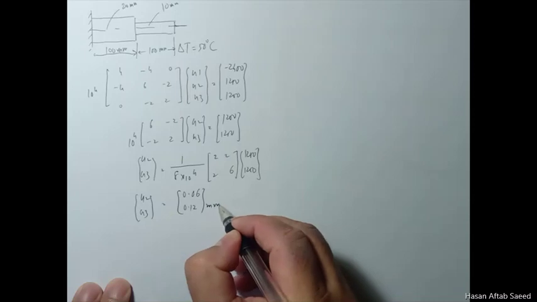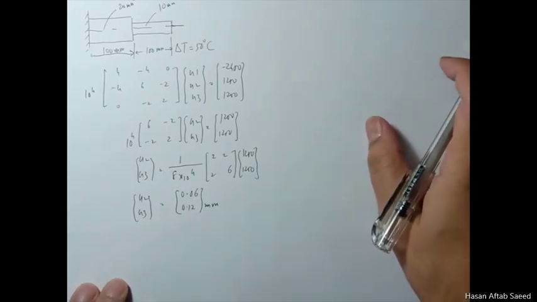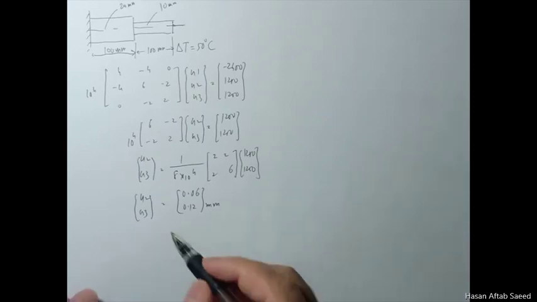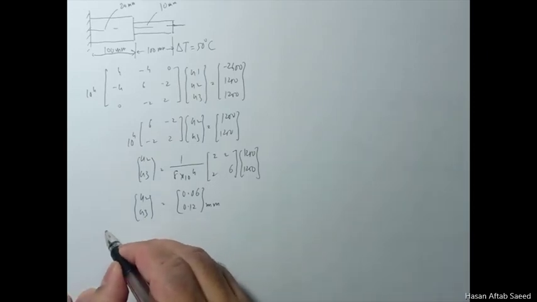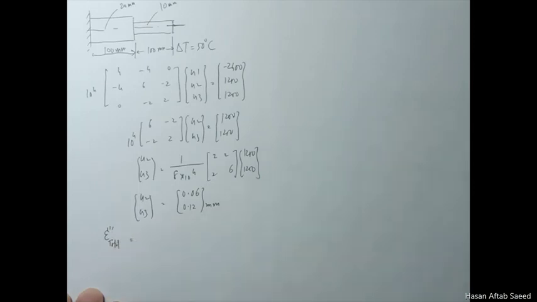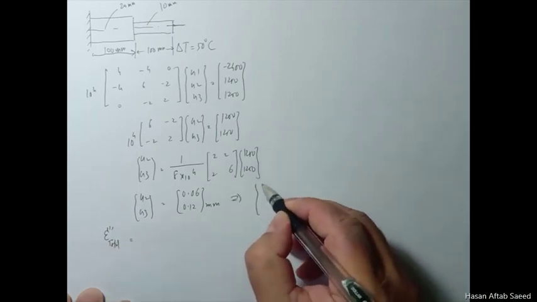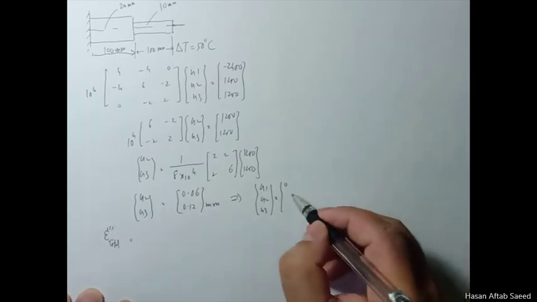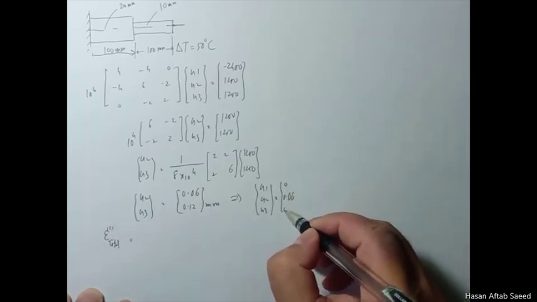Again, millimeters. There's no mistake about that one. Has to be in millimeters. Now, these are the values. Calculating the strains again, total strains, and obviously the complete U1, U2, U3 will be 0, 0.06 and 0.12.